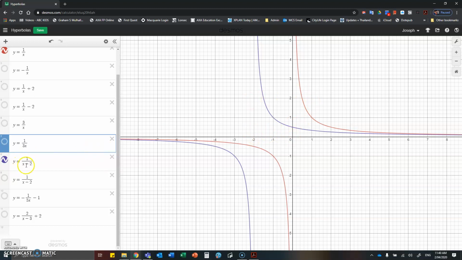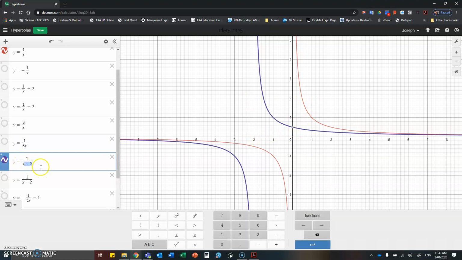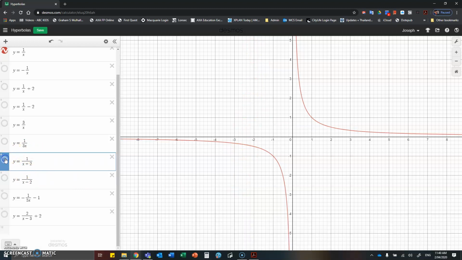And so this value here is actually your vertical asymptote, okay? So x equals minus 2. It is a plus 2, but you want to have the negative of that, all right? And so if we think about the next one, 1 over x minus 2, it's going to shift the graph 2 units horizontally, but to the right, okay?